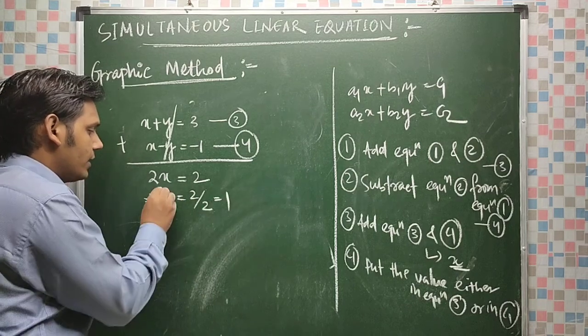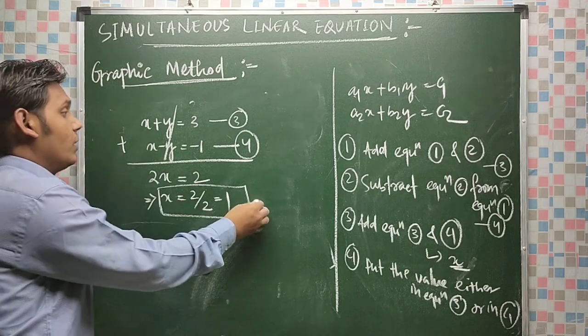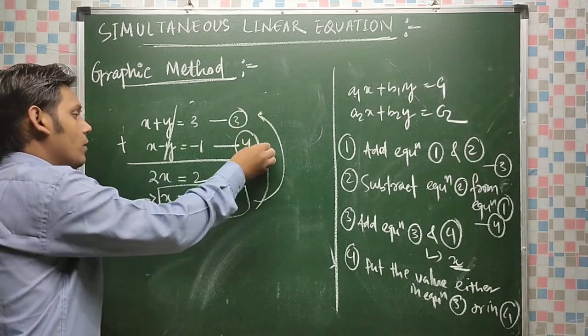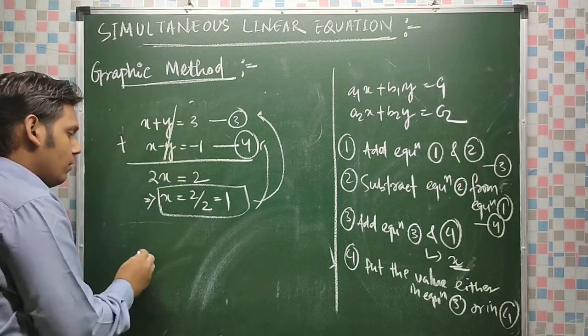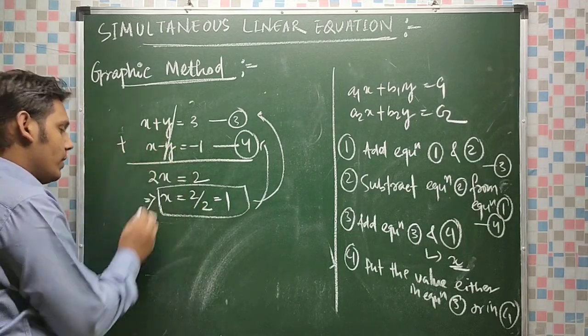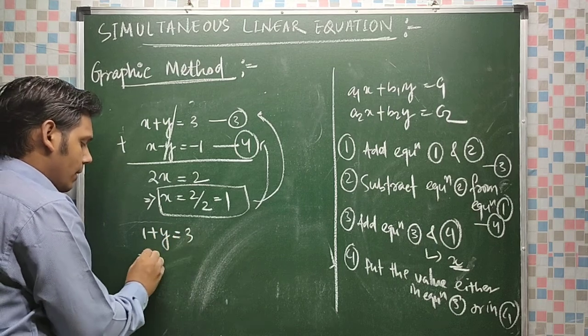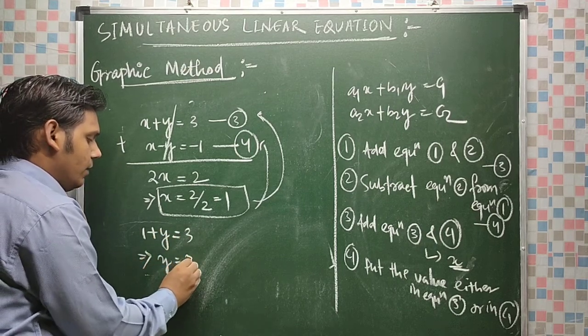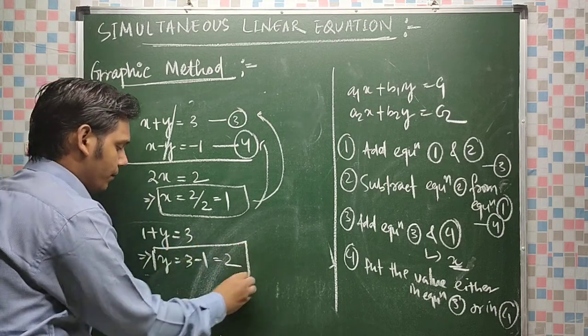Now the value of x is 1. Now I put the value in either equation 3 or equation 4, and I will get the value. Suppose putting the value of x in equation 3: 1 plus y is equal to how much? 3. And y is equal to 3 minus 1. That means y is equal to 2.